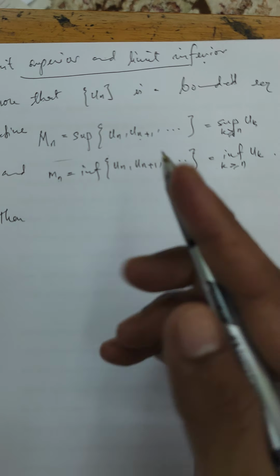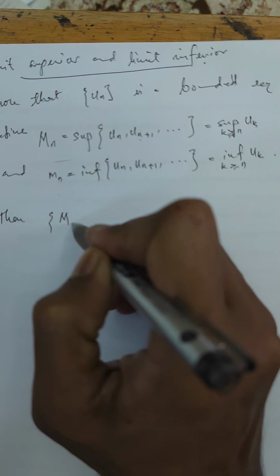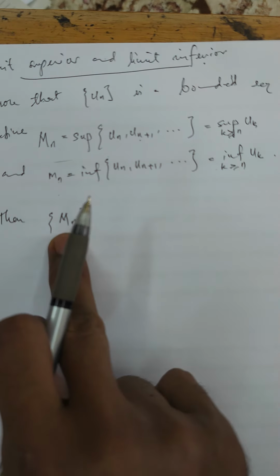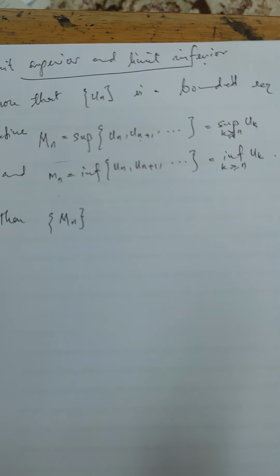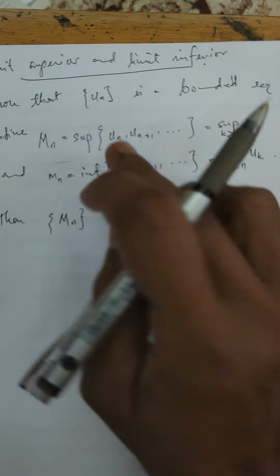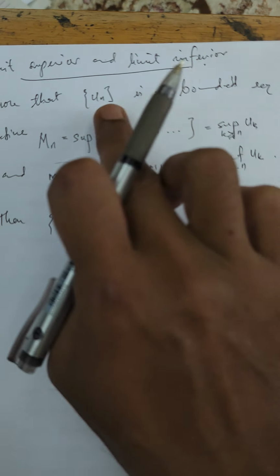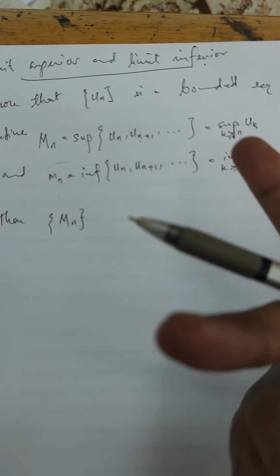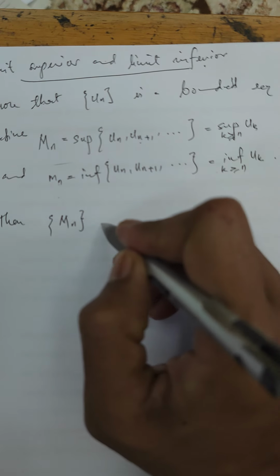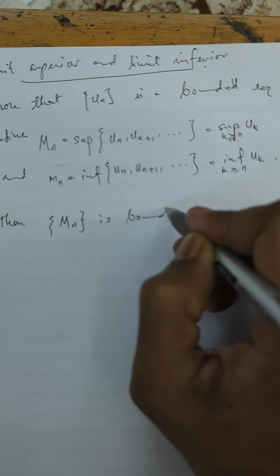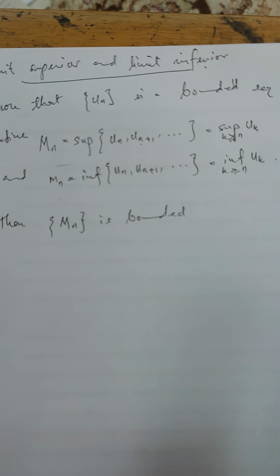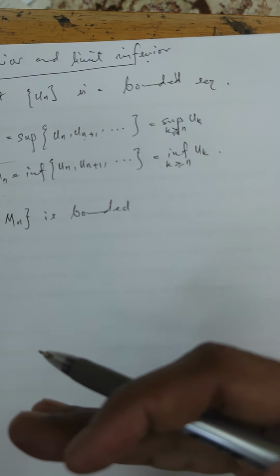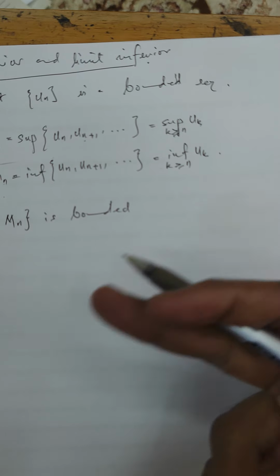From there we can construct the sequence of those suprema. Since the sequence U itself is bounded, the sequence of suprema is also bounded and decreasing, because M is the least upper bound.